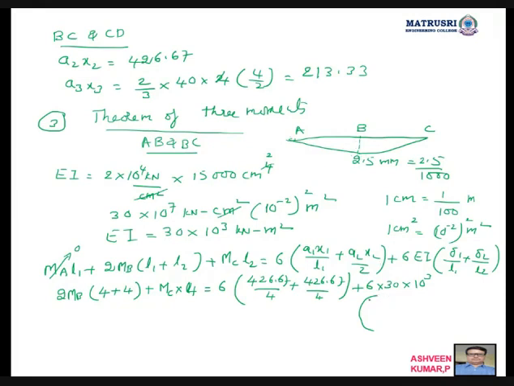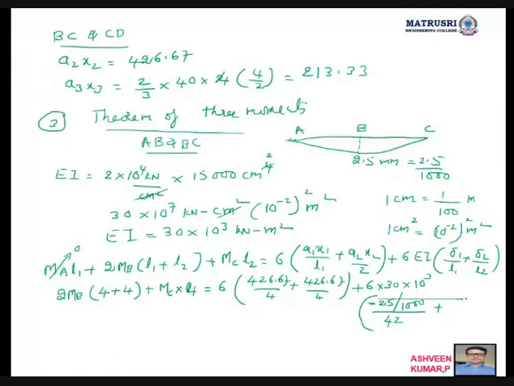So therefore, minus 2.5 divided by 1000, because I am converting into meter. What is L square? 4 square. Then plus, again I want to see from C. Please concentrate, all of you. From C again downward, so negative.